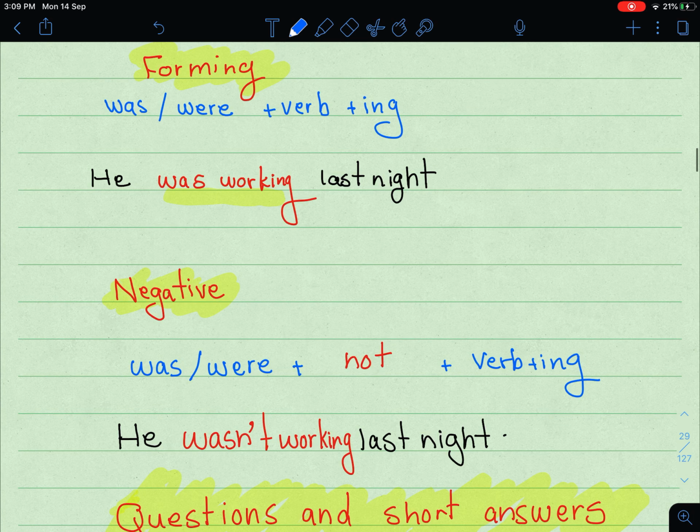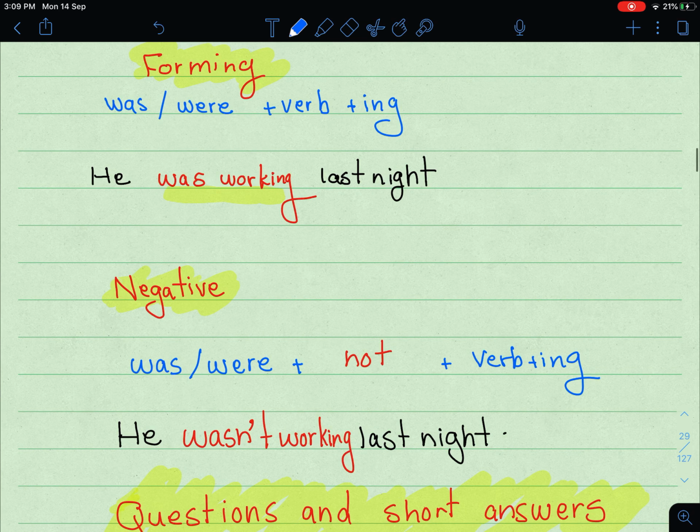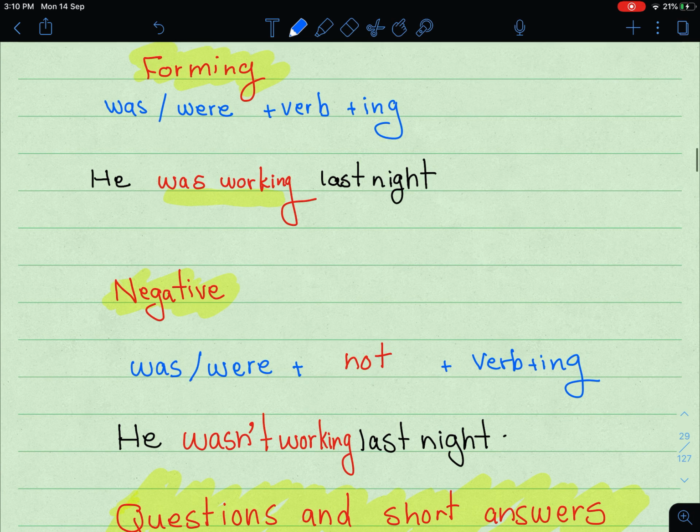I was, he was, she was, it was, they were, you were and we were. خلاص رجعوا لهم. الverb in the basic form أضيف له ing، وطبعا في قاعدة ing الصحيحة.